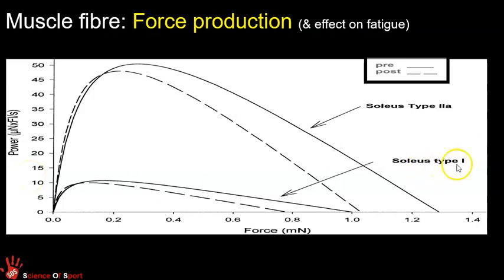So the type 1 fibers of the soleus muscle only generated a very small force, or a low value here in watts. The type 2A, so the FOG fibers, generated a much larger force. Okay, so type 2X generate the biggest force, type 2A is the medium force, and type 1 is the smallest of the force productions.